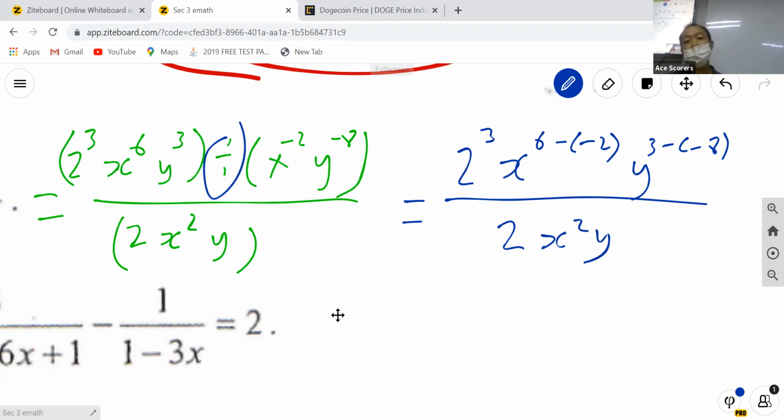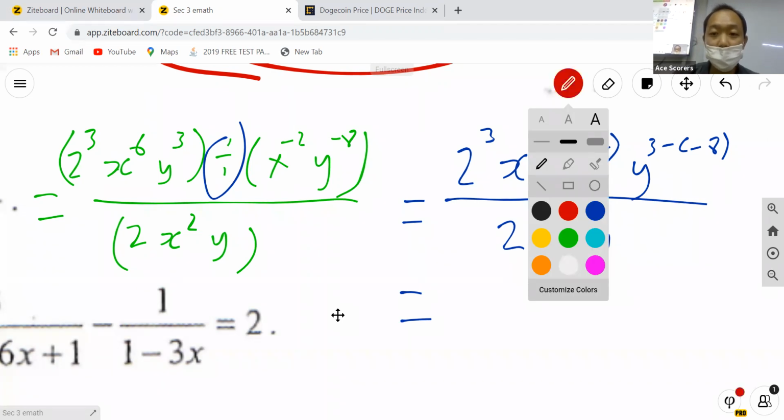Okay, step by step. So this is divide. Same base, different power. You must minus. So 6 minus 2. Divide minus, times plus. Okay, remember that. Divide minus, times plus. But that's for power. Right? Okay, so once you have written that down, just go to the next step.